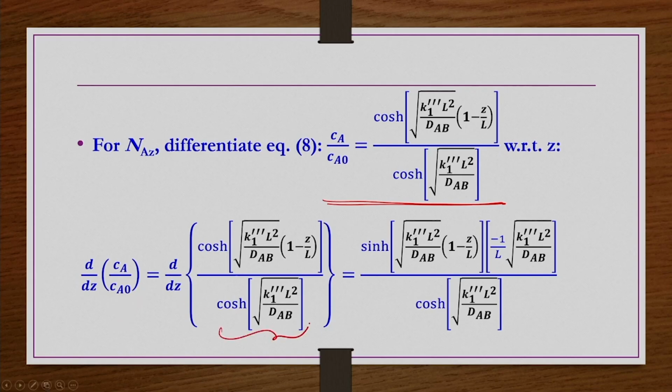The denominator is anyway constant, so it stays as it is, and then d by dx of cos hyperbolic x is nothing but sin hyperbolic of x. So, sin hyperbolic of square root of k1 triple prime L square by DAB times (1 minus z by L), and then the differentiation of minus z by L times square root of k1 triple prime L square by DAB is nothing but minus 1 by L times square root of k1 triple prime L square by DAB.